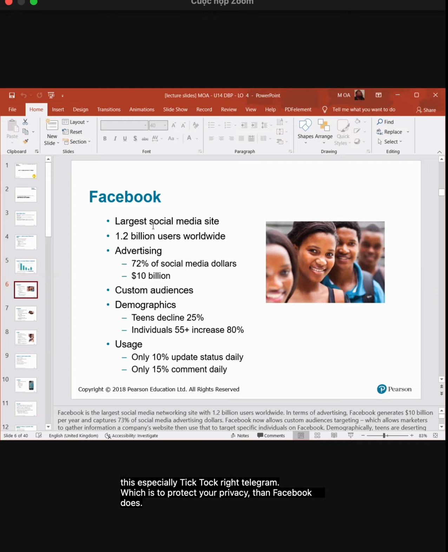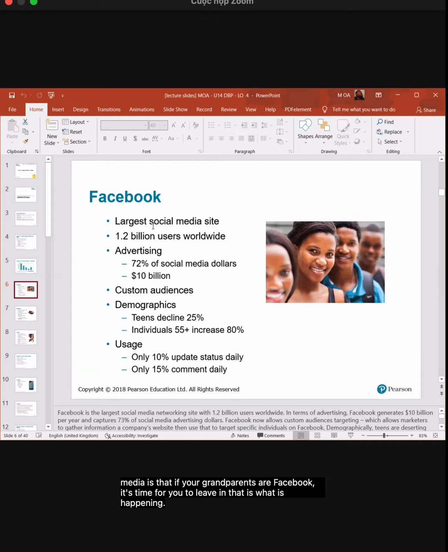They do a better job on that. Then you have other individuals, 50 plusers, that are joining Facebook increasingly. It has happened in Vietnam as well. And something that is said on social media is that if your grandparents are on Facebook, it's time for you to leave, and that is what is happening.